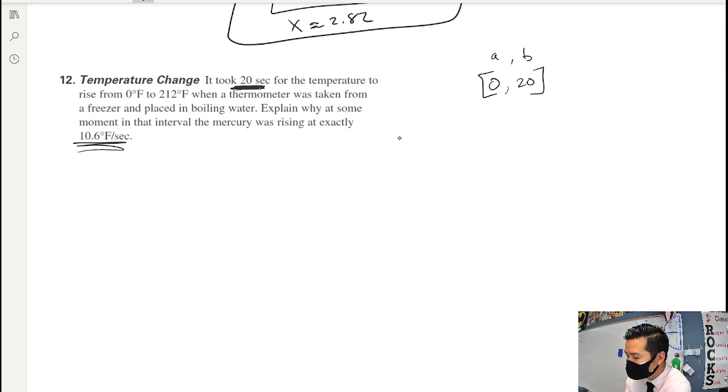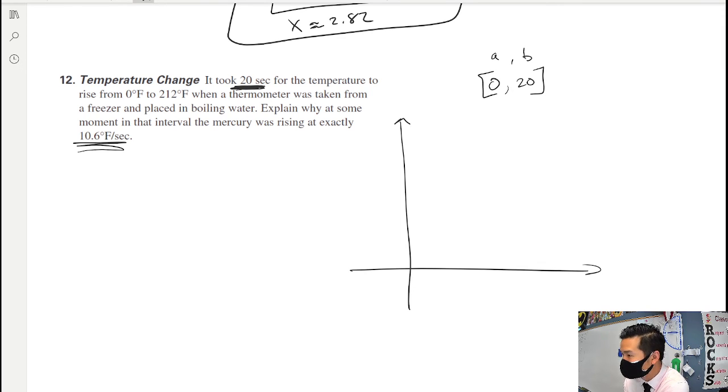So here's my quirky little graph here, yeah? Let's say the time is down here, and I have the temperature up here. When it's at 0 seconds, how cold is the thermometer? What's it starting at? 0 seconds, 0 degrees what?